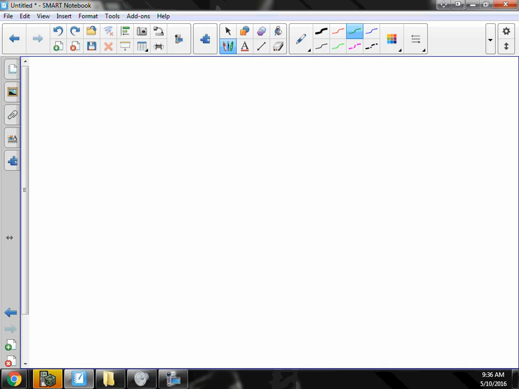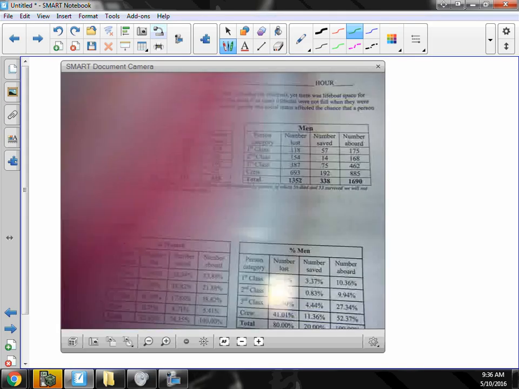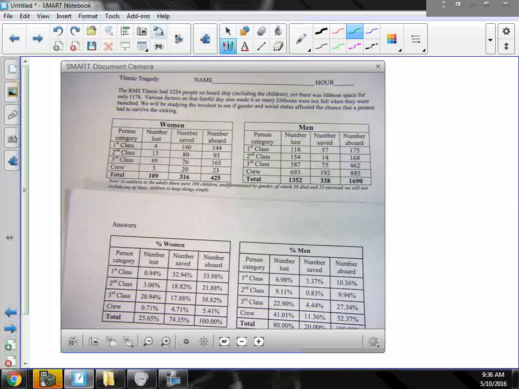So let's start with example 1 on page 865. Well, we're going to spend a couple days on it, so let's do the easy ones first.